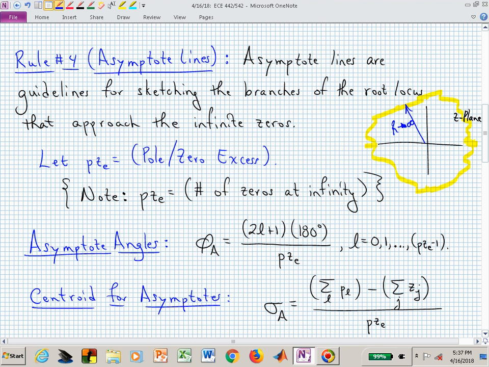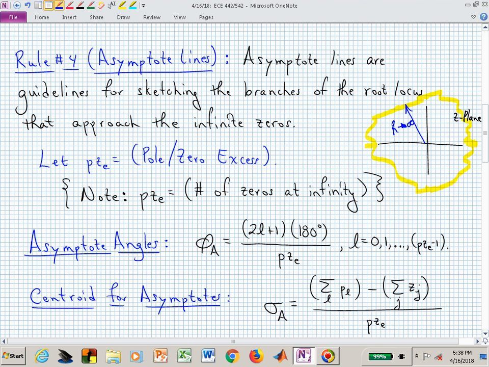We would have 3 asymptotes. And those asymptotes would be then 180 divided by the 3, or 60, and then we would have 3 times 60, or 180, and then we would have 5 times 60, or 300. That's what the 2L plus 1 is sequencing through.